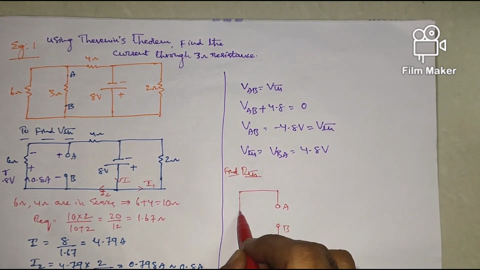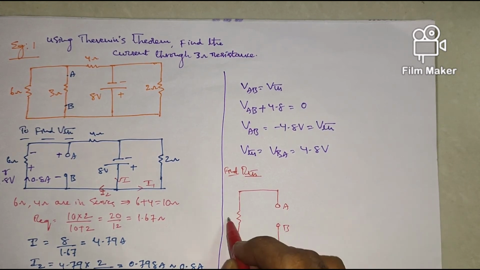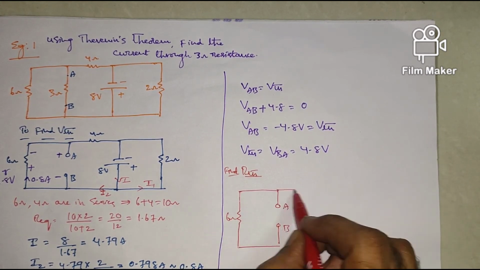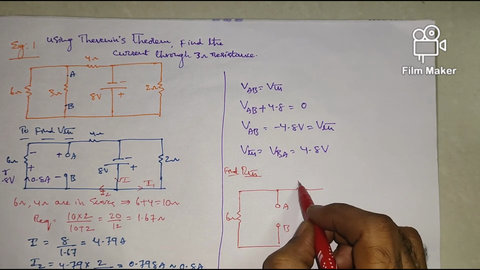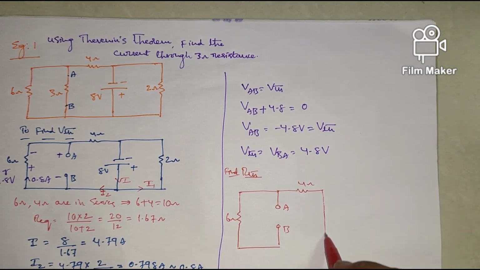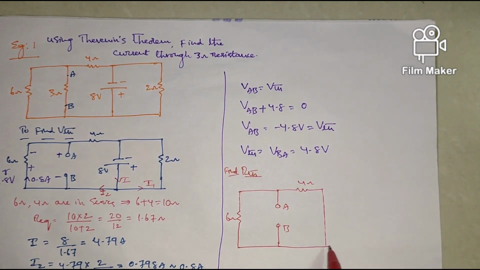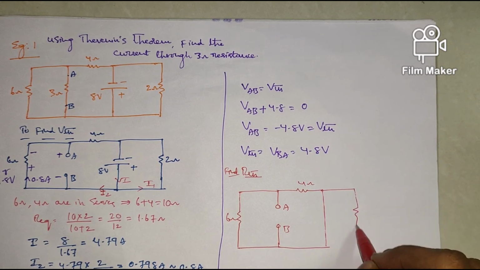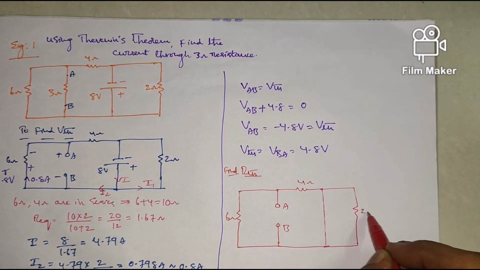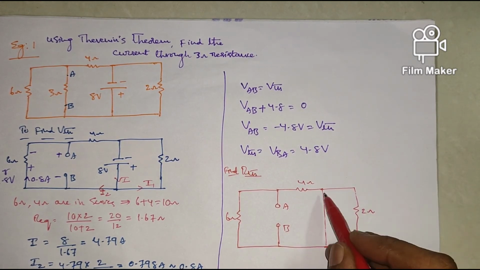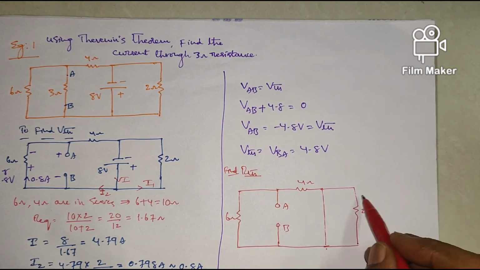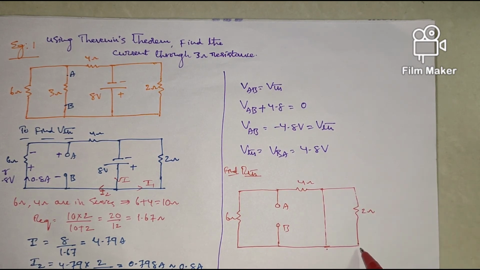We have got a 6 ohm resistance, and this is another 4 ohm resistance. The source is made short, and another resistance is 2 ohms. And once we short circuit these 2 points, the 2 ohms has no significance and it will be opened.